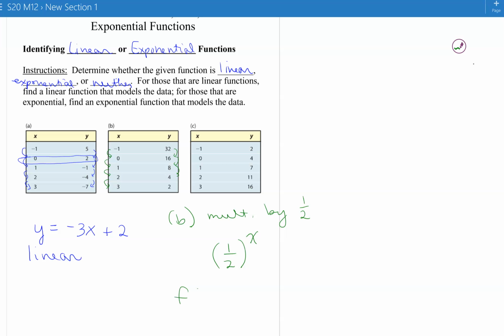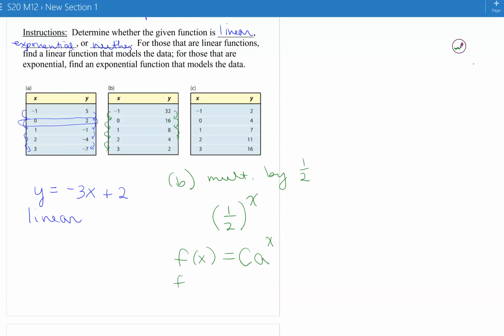And let's see, we know that we want something that looks like f of x equals c a to the x. And when x is 0, that's our capital C, so that's going to be 16. So we have f of x equals 16 times 1/2 to the x. So that's the model that describes this data. You're multiplying by something to get to each successive value.